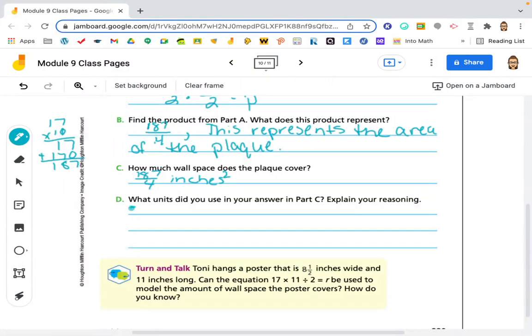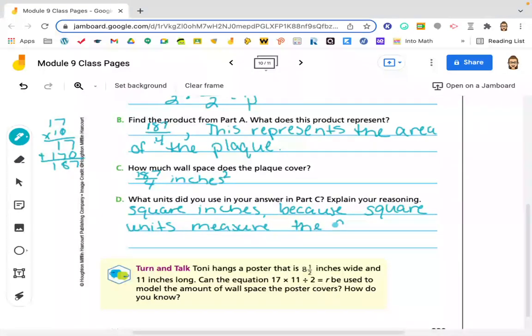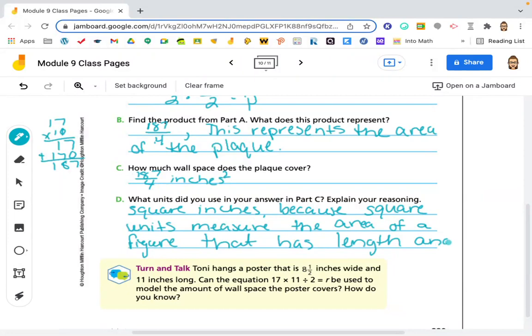Well, I used square inches because square units measure the area of a figure that has length and width.